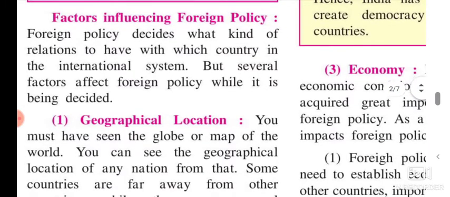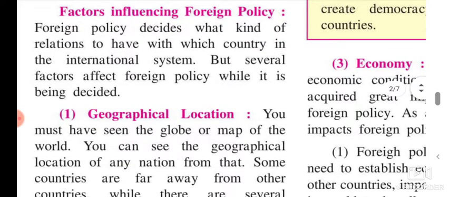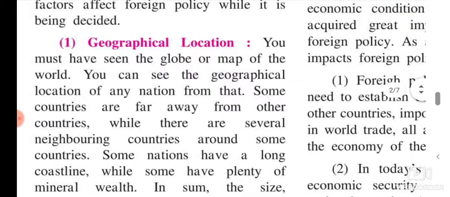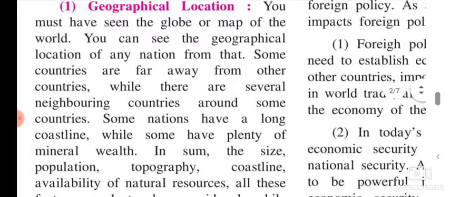So, factors influencing foreign policy. Foreign policy decides what kind of relations to have with which country in the international system, but several factors affect the policy once it has been decided. First one, geographical location. You must have seen the globe or map of the world. You can see the geographical location of any nation from that.